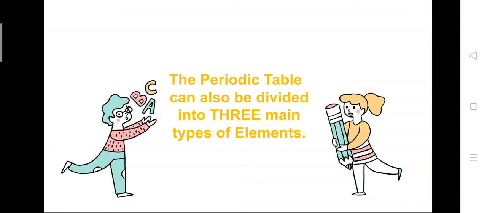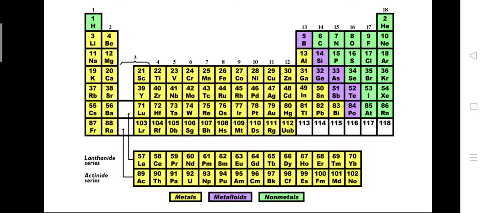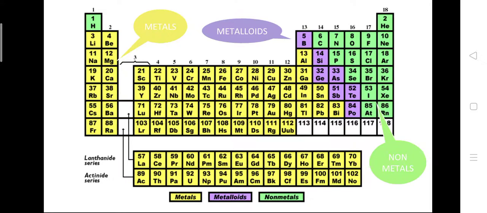The periodic table can also be divided into 3 main types of elements. You can see the color yellow means metals, the purple color is metalloids, and the last one is non-metals.